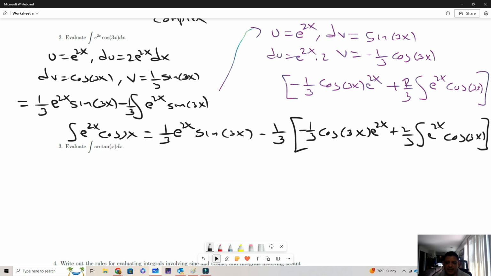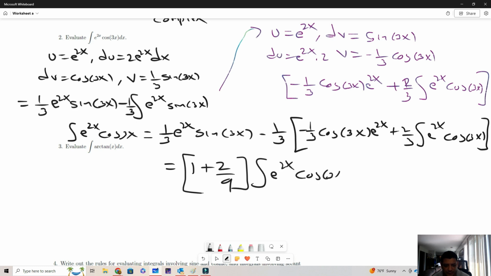Because this is exactly the same thing as this, these are the same terms, so I'm going to add them up and put them together in the same place. If I multiply this by this, I'm going to get minus 2/9. So in the next step, this is going to be minus 2 over 9. So here is going to be 1 plus 2 over 9 times the integral of e to the 2x cosine of 3x.